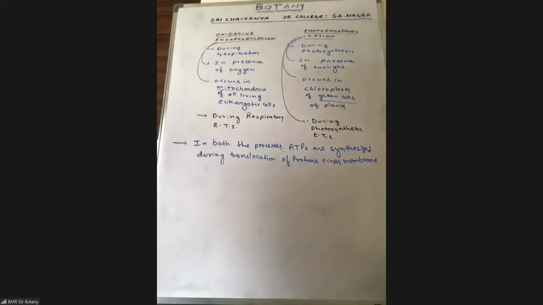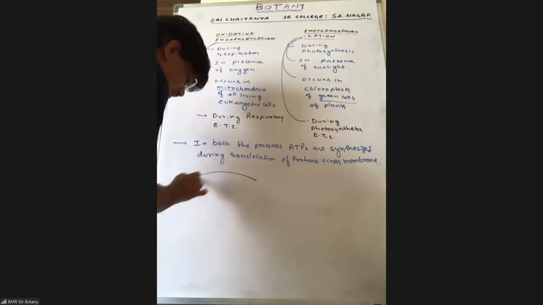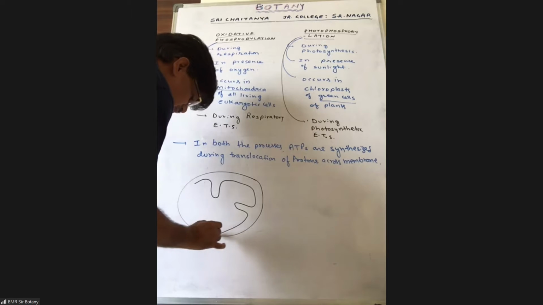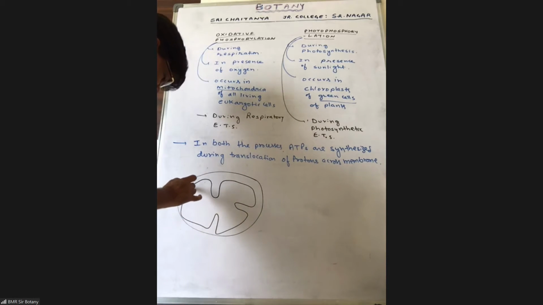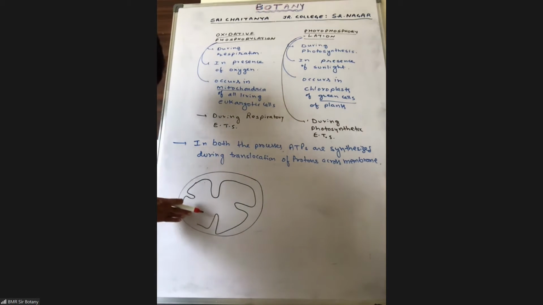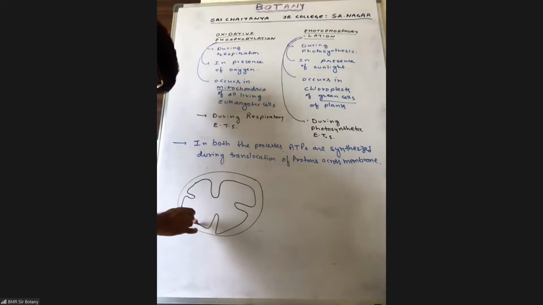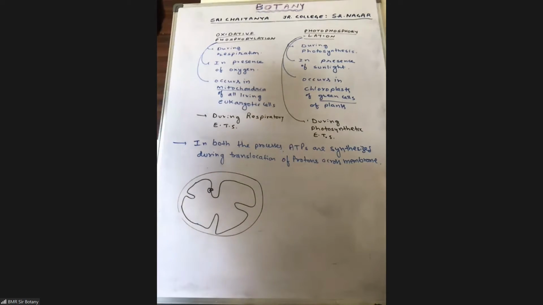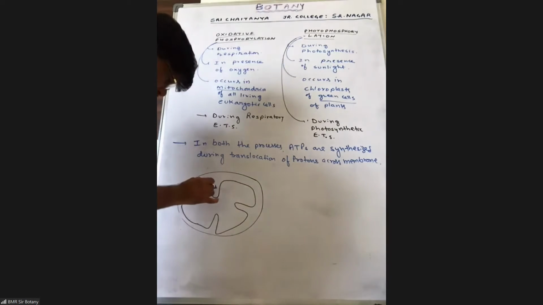If it is respiratory, which membrane was it? In the mitochondria, inner membrane. What were the infoldings of inner membrane called? Cristae. Yes. Protons are channeled from intermembrane space to matrix side. We were getting ATP.